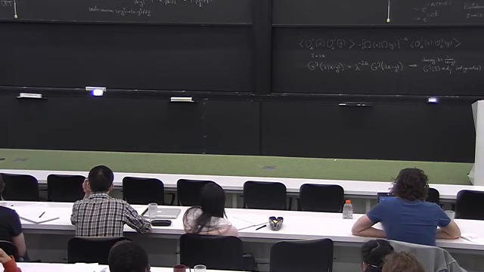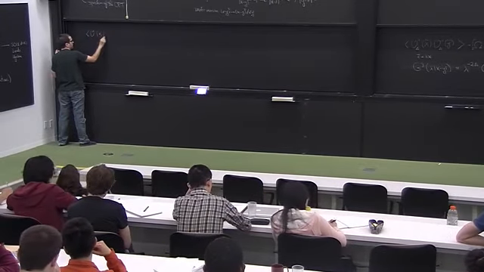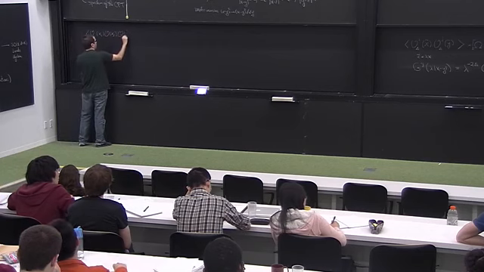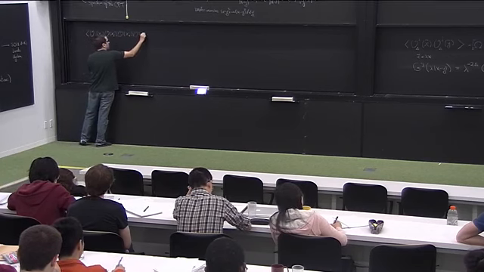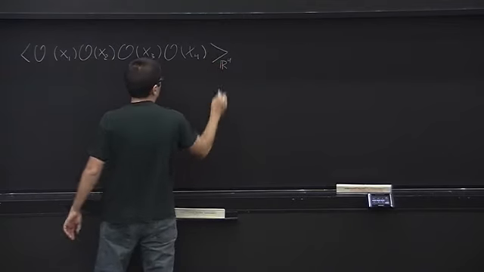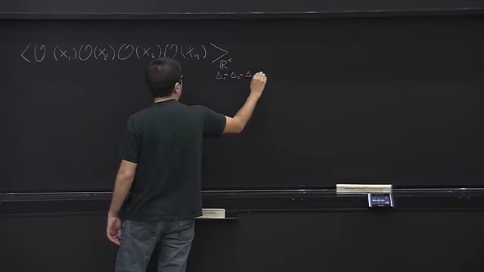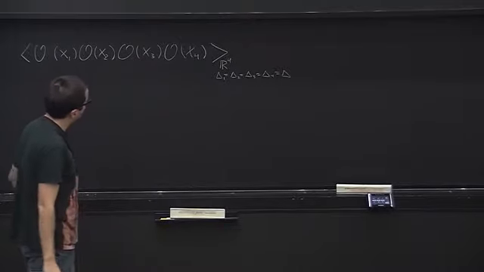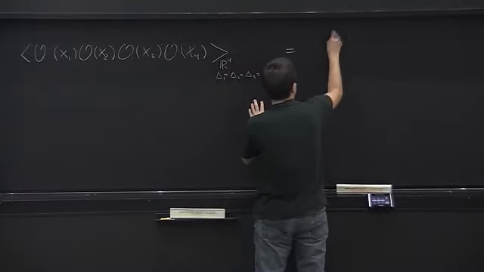So let's write a correlation function between 4 operators. Let them be the same. All have the same dimension delta. Then you can easily see that you can write something that is invariant under inversions.